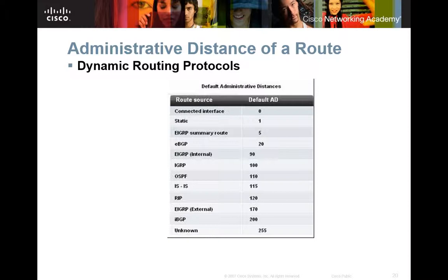So which one do you want to use on your internal network? Which one would you want to use? First off, what's the first internal network or routing protocol? Huh? EIGRP, internal.